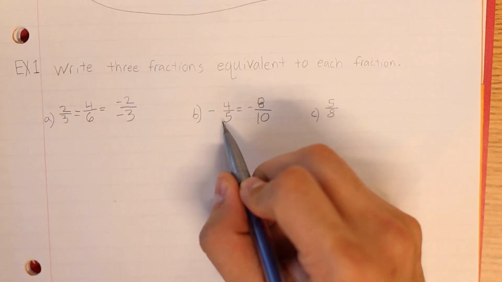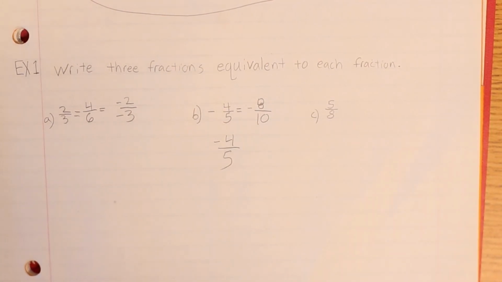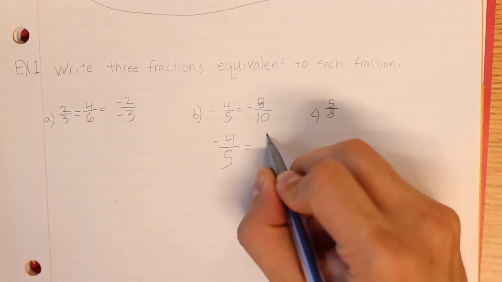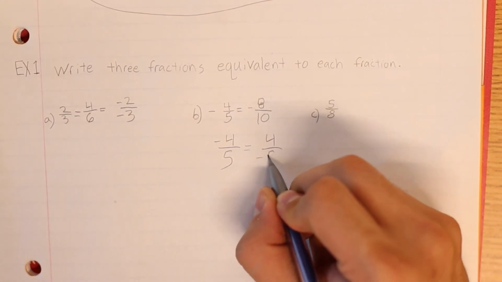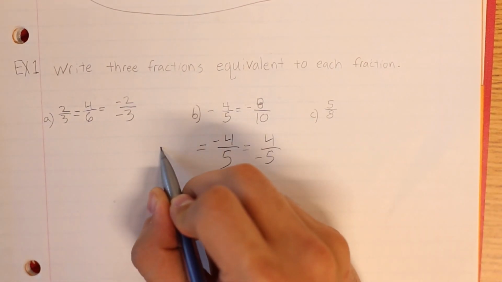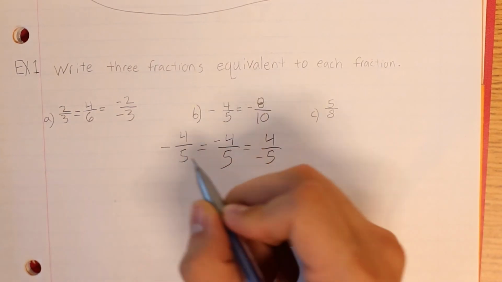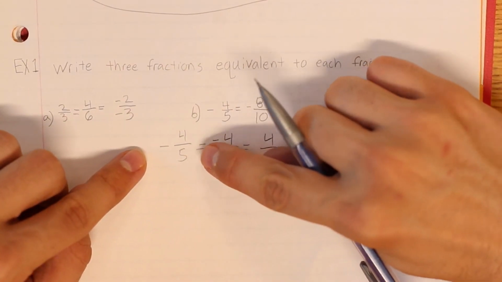But something else you can do is you can say -4/5. You can also say 4/5 with the negative out front. Or like this one up here, I'll just make sure you see this here. You could put negative, and the whole thing is basically what you're saying is negative.